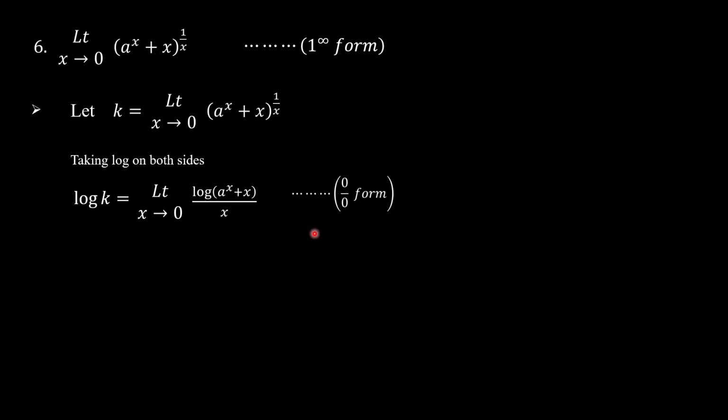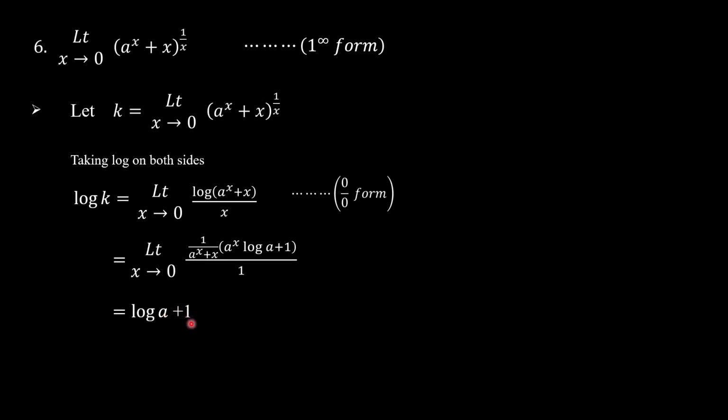So by L'Hospital rule, log k is equal to limit x tending to 0. Derivative of log of (a power x plus x) is 1 by (a power x plus x) into (a power x into log a plus 1) divided by derivative of x, which is 1, which is equal to log a plus 1.